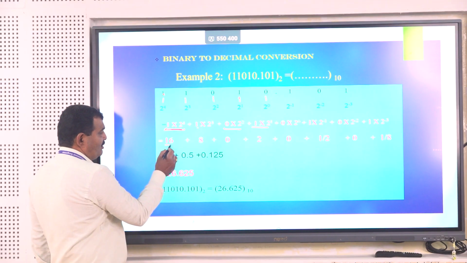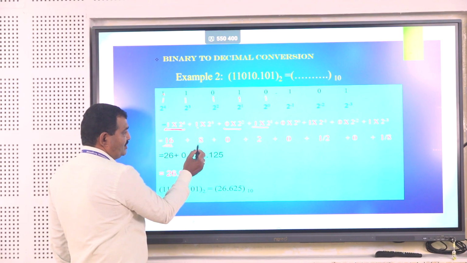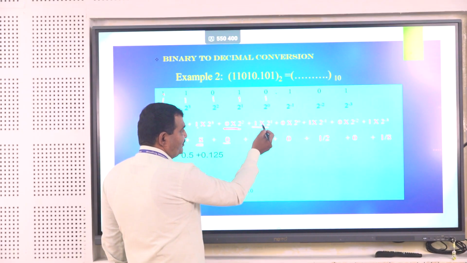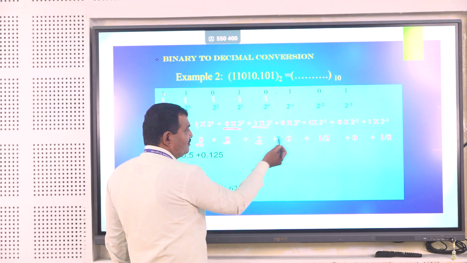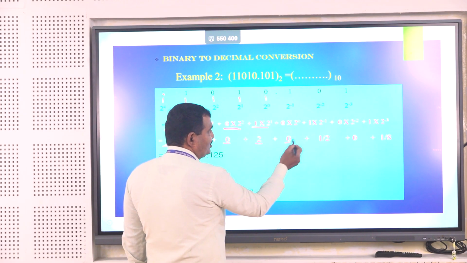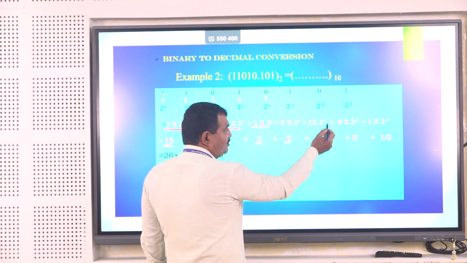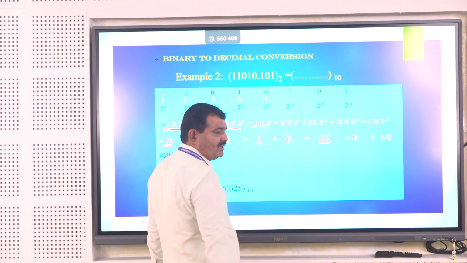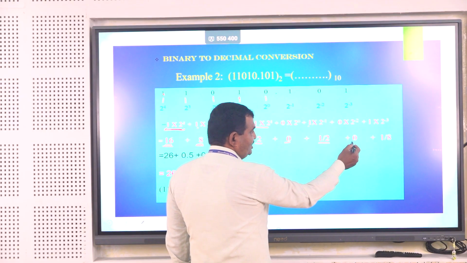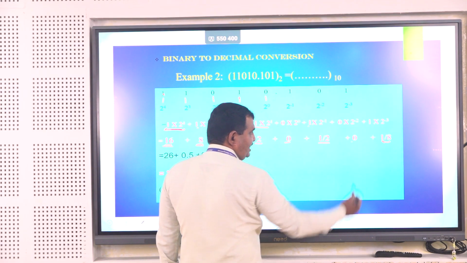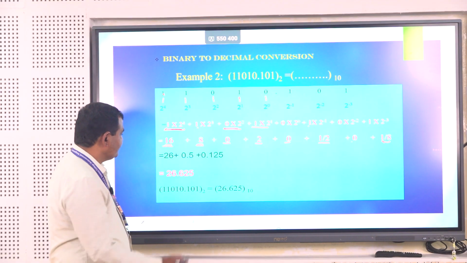So, 2 raised to 4 equal to 16, 2 raised to 3 equal to 8. So, this term becomes 0, then 2 raised to 1 equal to 2, 2 raised to 0 equal to 1, plus 1 into 2 raised to minus 1 equal to 1 half, plus 0, plus 1 upon 2 raised to 3, that is 1 upon 8.